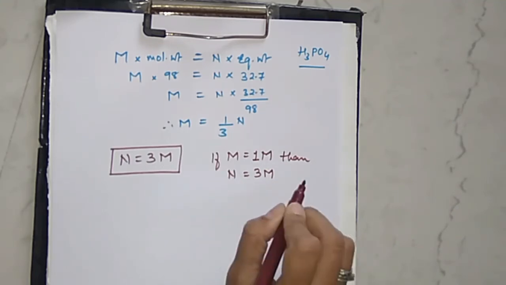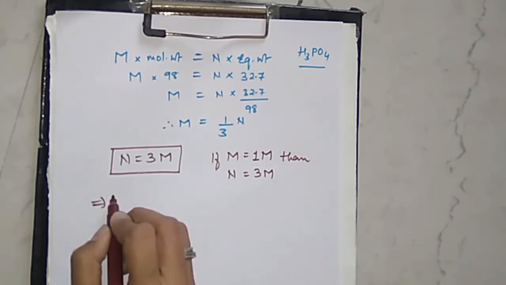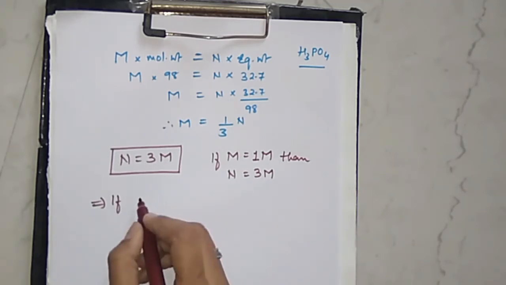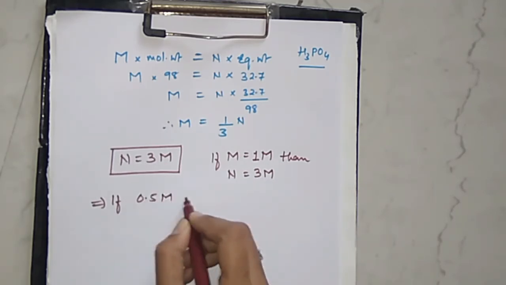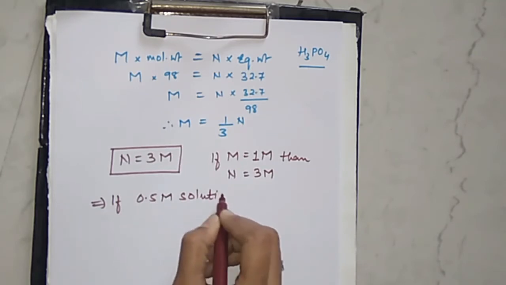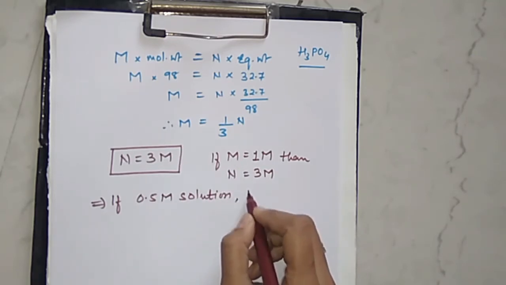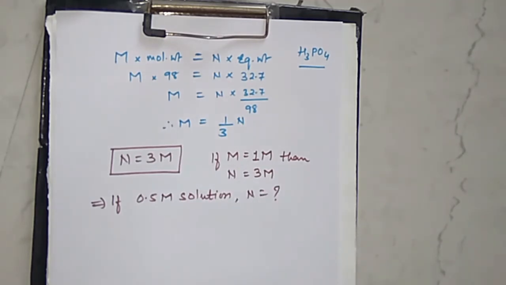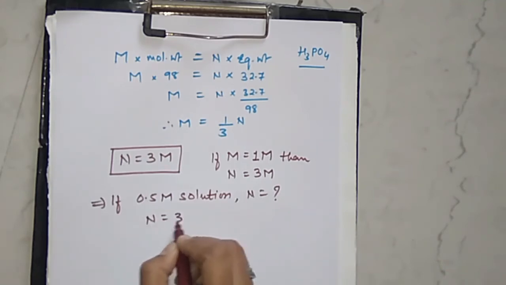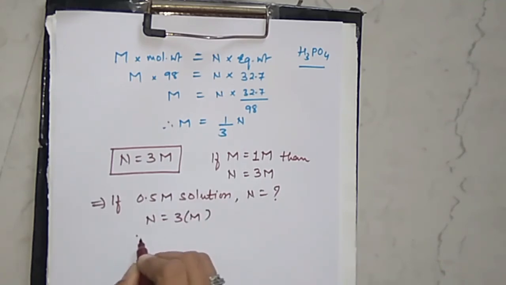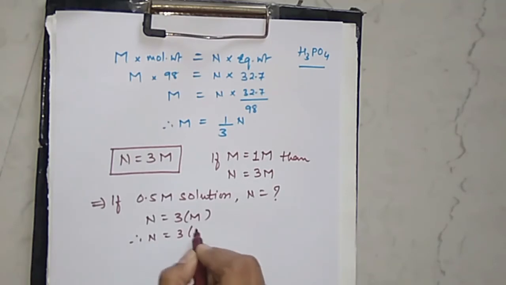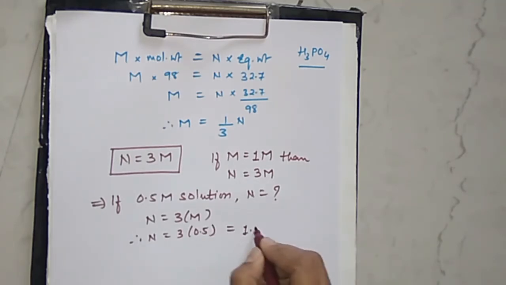Suppose we have a 0.5 molar solution, then what will be the normality of that solution? Normality is equal to thrice the molarity. Therefore, normality will be equal to 3 into 0.5. That means it will be 1.5 normal, right?